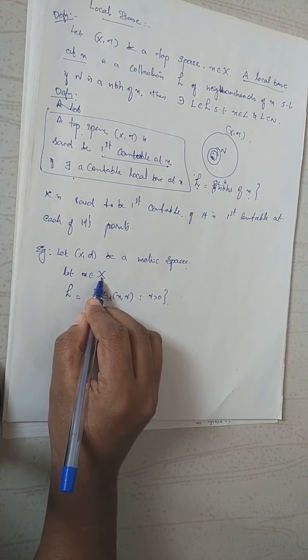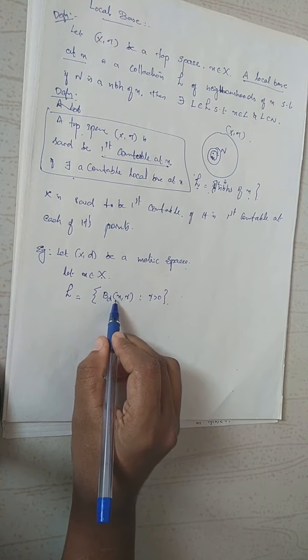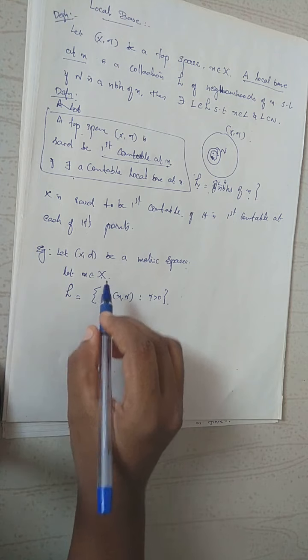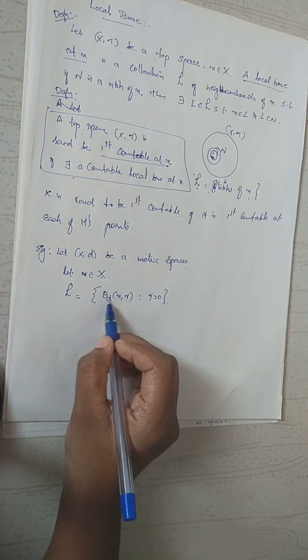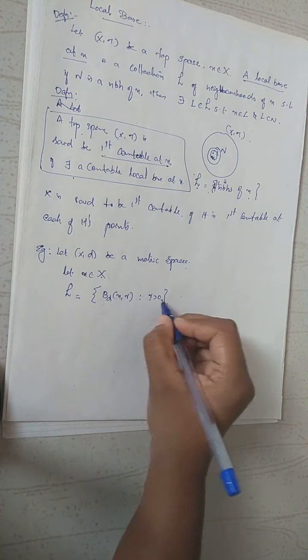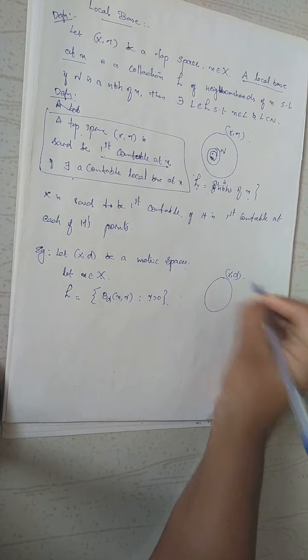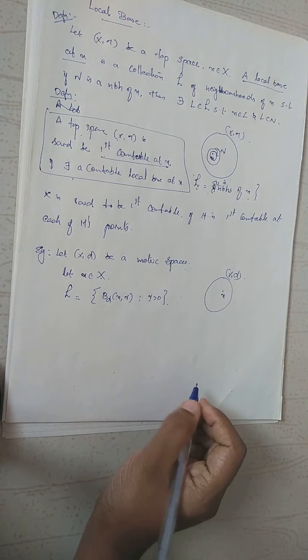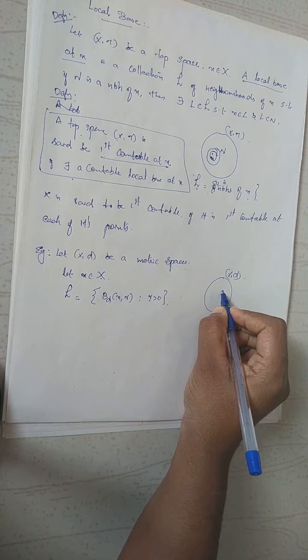Corresponding to this point, we take some radius r greater than 0, that may be any positive number, and we consider an open ball centered at x with the radius r in the corresponding metric space (X, d), where d denotes the corresponding metric. Then you can take any radius r greater than 0.